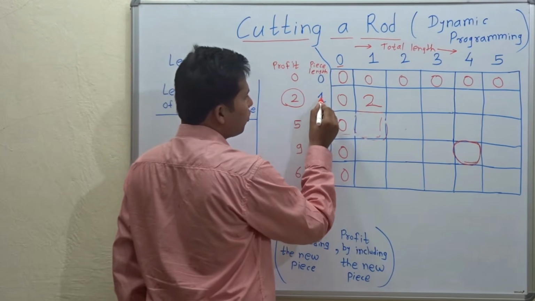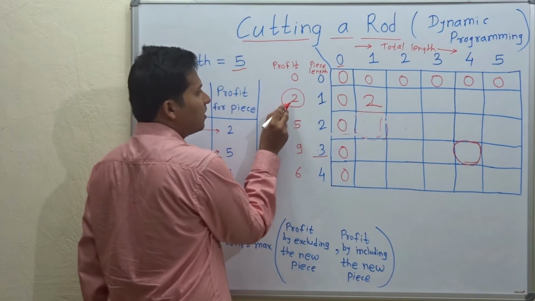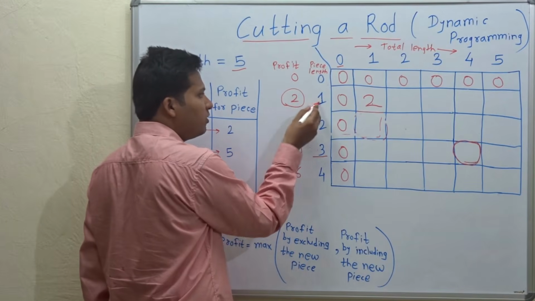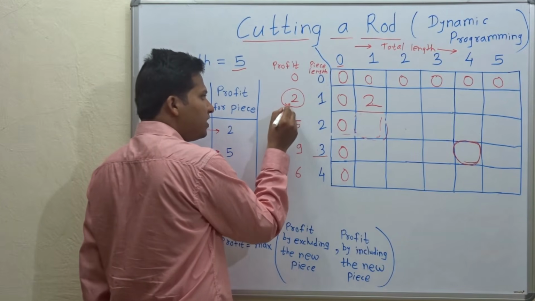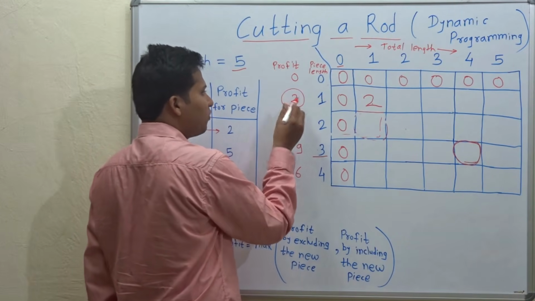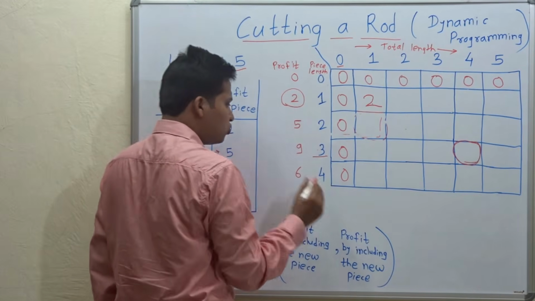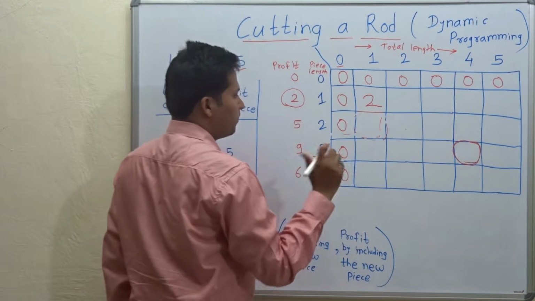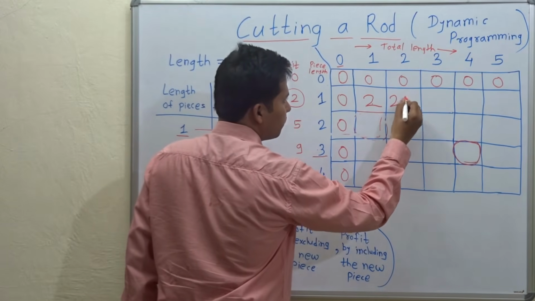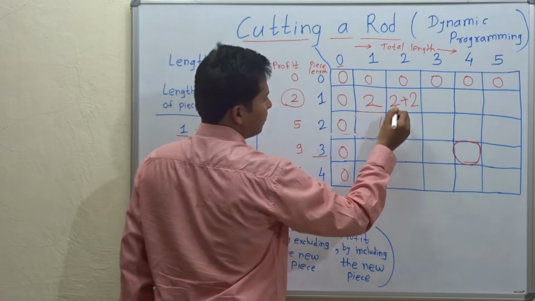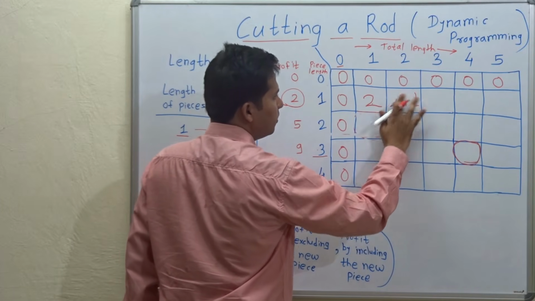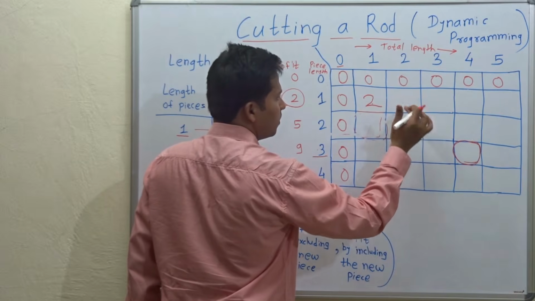So 2 pieces of 1 means the profit will be 2 plus 2, because for 1 piece of length 1 the profit is 2, and you are making 2 pieces to make a total length 2. So for each piece the profit is 2. So 2 plus 2 is equal to 4.